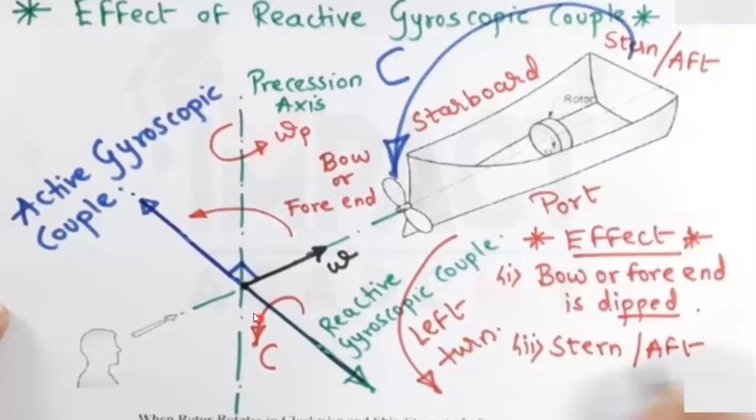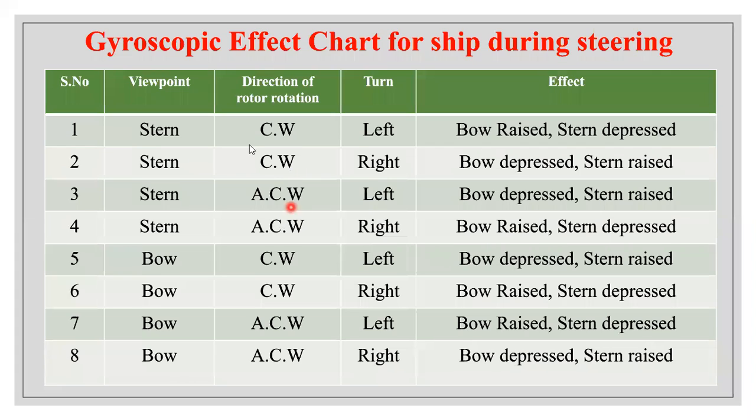So just convert whatever couple you are getting here into the ship. Automatically, the bow end will be getting depressed or dipped, and the stern or aft will be raised.